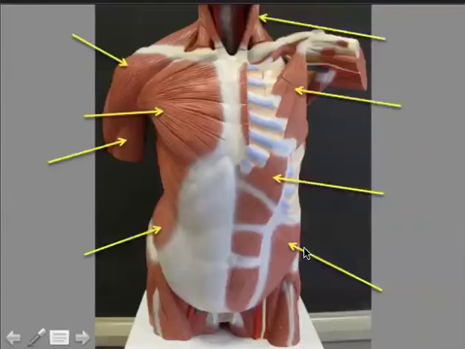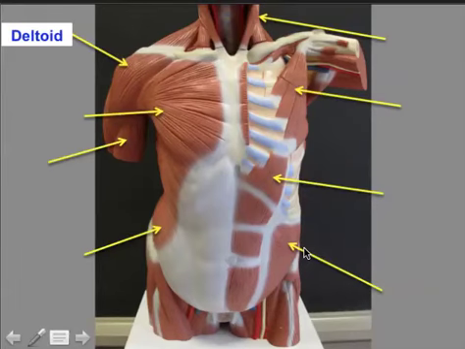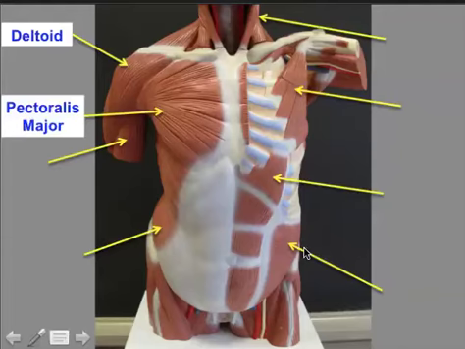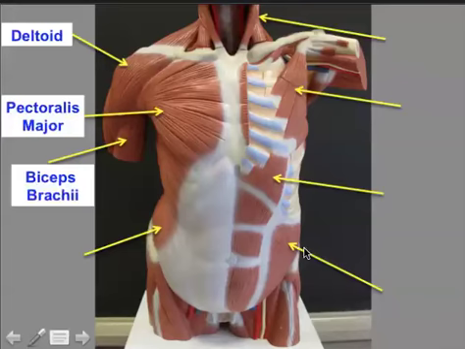This is a view of the abdominal and the thoracic region and a little bit of the cervical region. This is the deltoid. This is the pectoralis major, again another major mover of the arm. This is the biceps brachii, involved in elbow flexion.